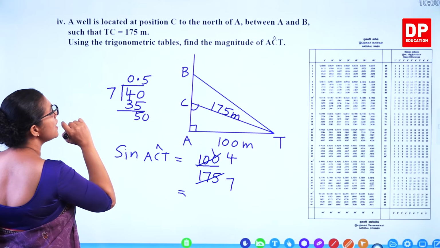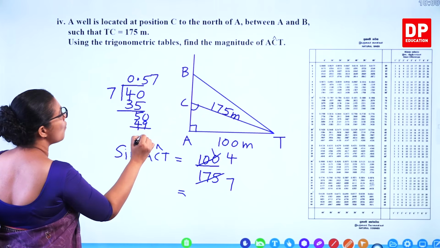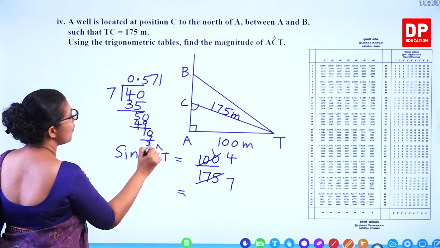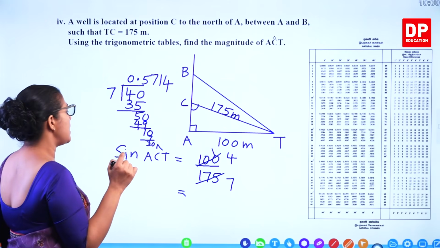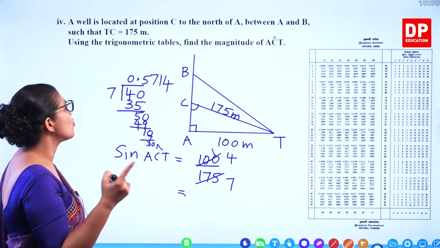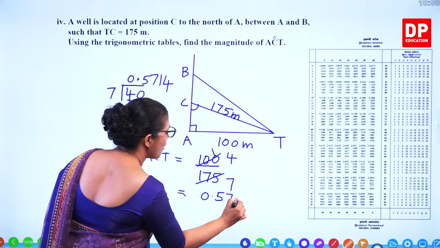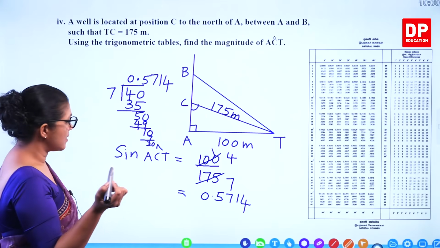For 50, 7, 49. 1 remaining. For 10, that's 1. And for 30, that's 4, 28. And for 20, that's 2. So 0.5714, correct to 4 decimal places.